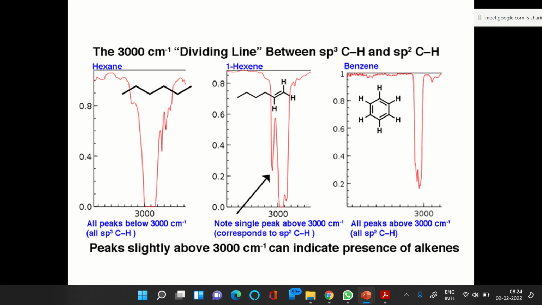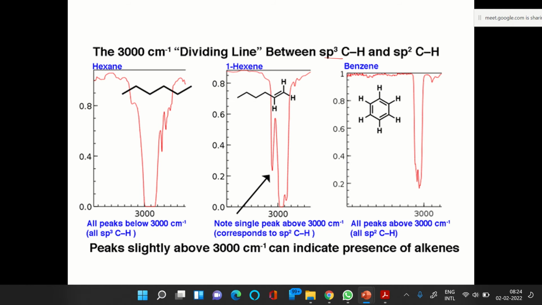And so now you know how to distinguish between sp, sp2 and sp3 carbon. You are almost habituated to this kind of thing, how to identify this.